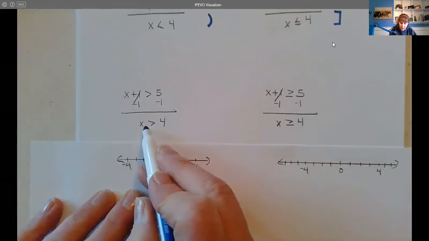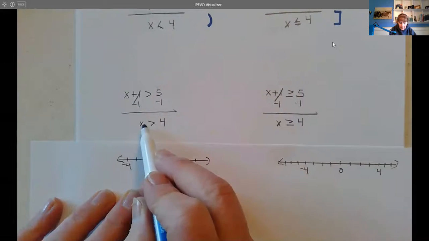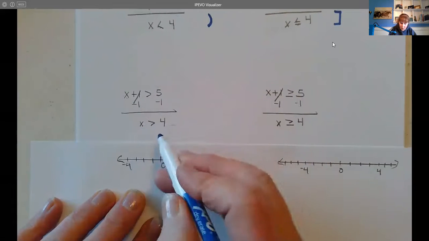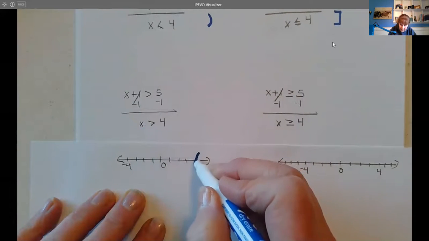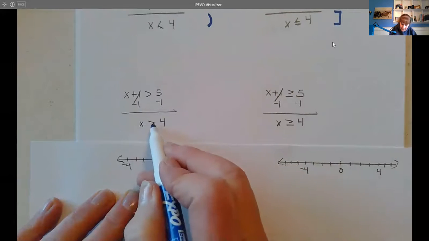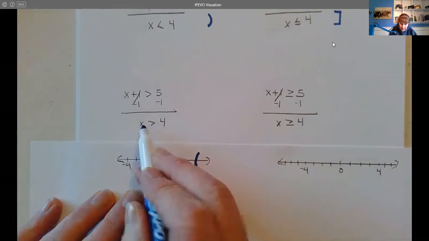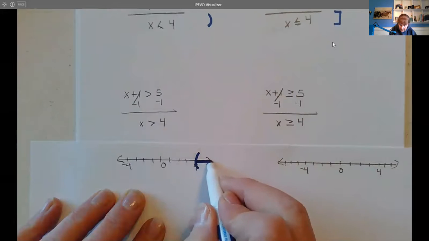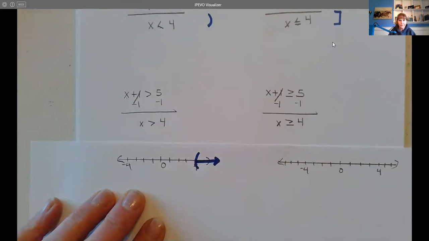And we know we're going to be going to the right because we want numbers that are bigger than 4. So at the 4, our parentheses is going to face the right. And our arrow always goes in the same direction if your x is on the left, but we want x's bigger than our 4. And that's the graph of the solution. And they might extend their number line a little bit in this direction.